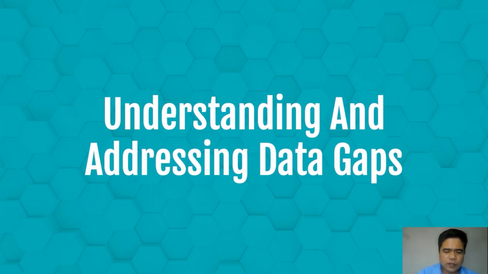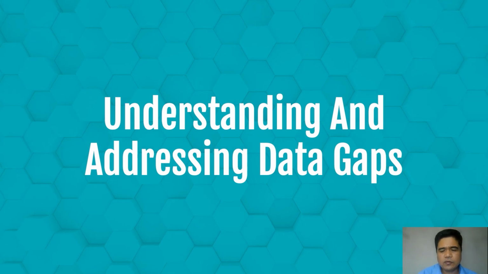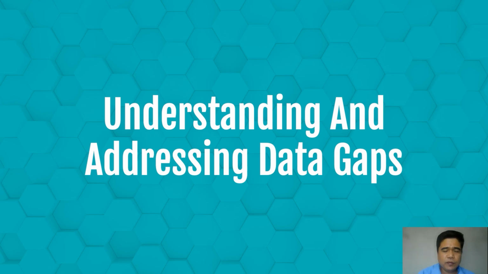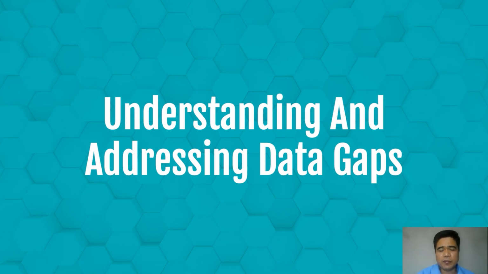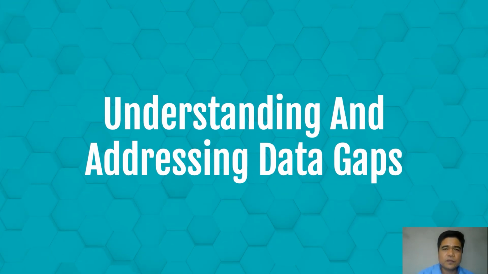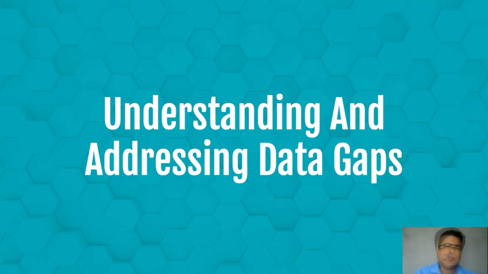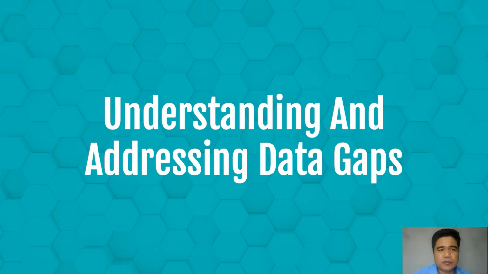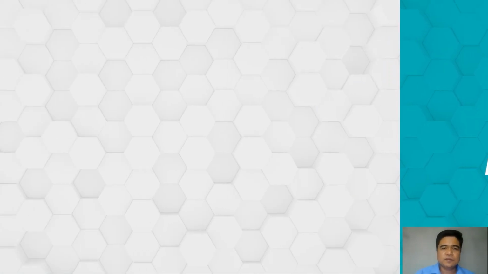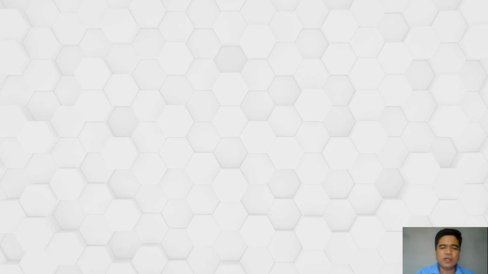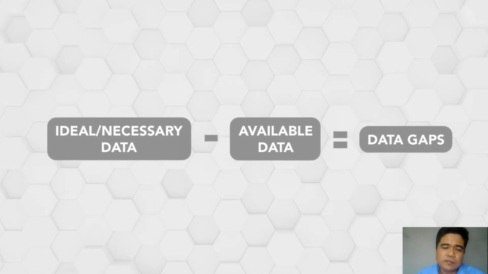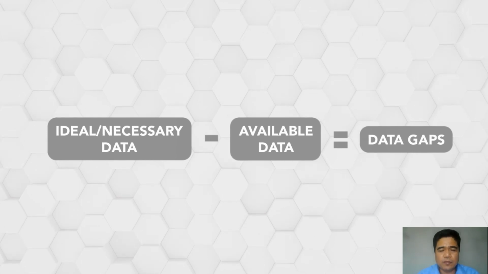This time, it is normal that LGUs lack some data sets or may have data that are not updated. So, what should be done? Well, we need to understand and address data gaps. Data gaps are sets of data that are needed but not available.